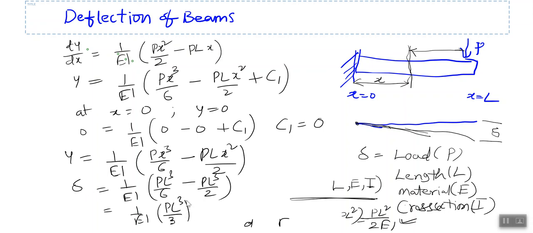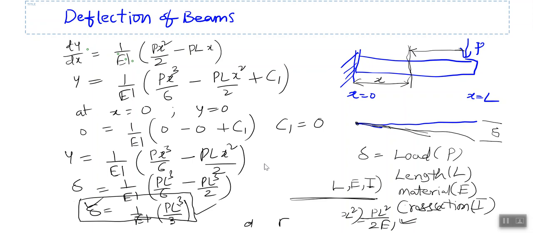So the maximum deflection at the end of the cantilever beam is delta, which is given by 1/EI times PL³/3. It is better to remember this equation also. See, this delta is a function of all these parameters: load, length, the material with which it is made, and the cross section of the beam, I.